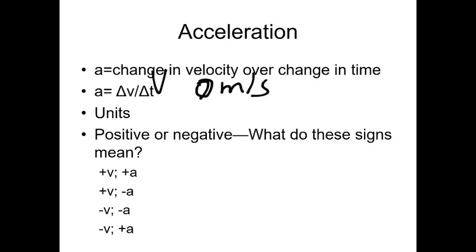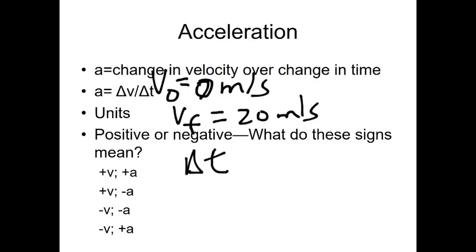We'll call that our initial velocity, v sub 0. Let's say 2 seconds later, the velocity, which you might see notated as just v or v f, is now 20 meters per second. And that change occurred in a change in time of 2 seconds.